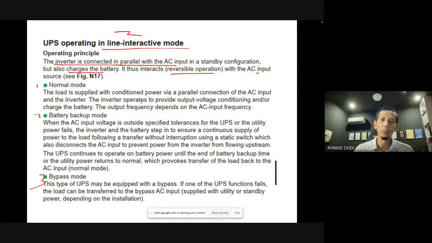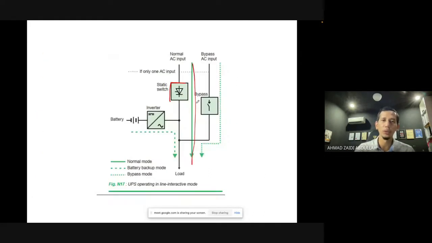So if we look at this, even during normal, there is still supply from the inverter. The static switch still works and opens the switch directly from the normal input to the load.